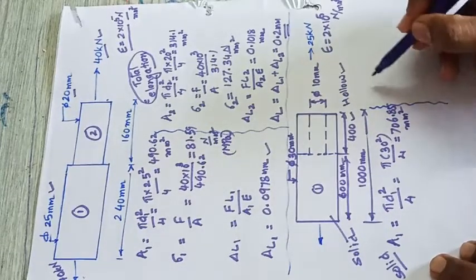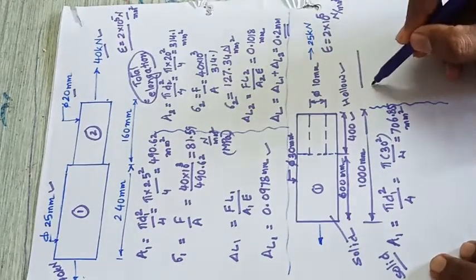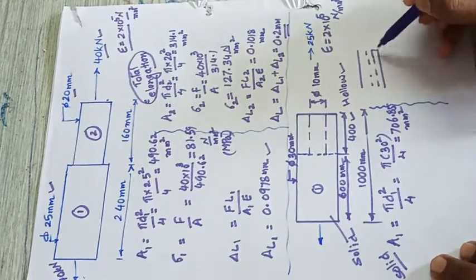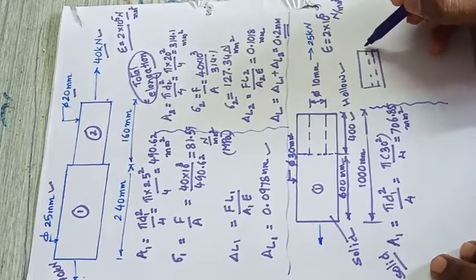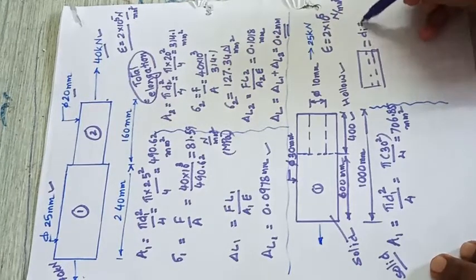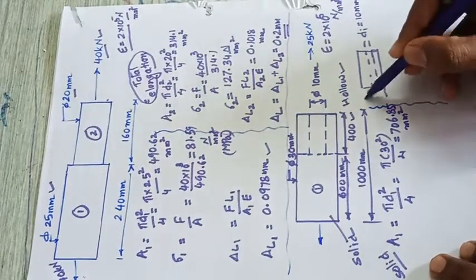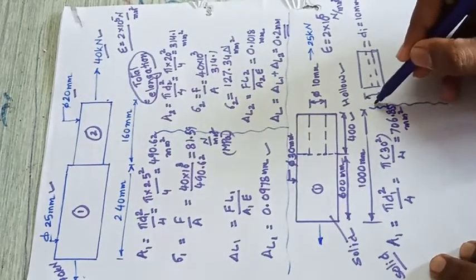For the hollow, it has the inner diameter di as 10 mm and outer diameter d naught as 30 mm.